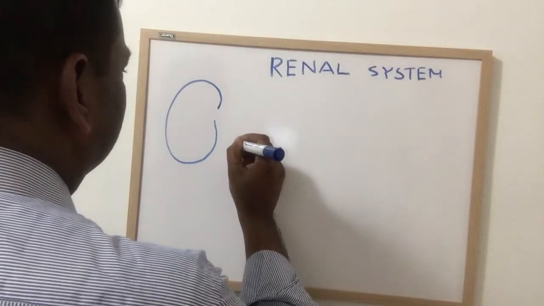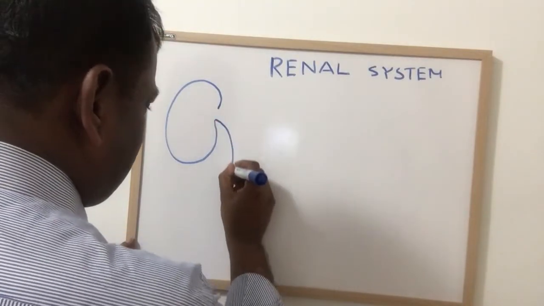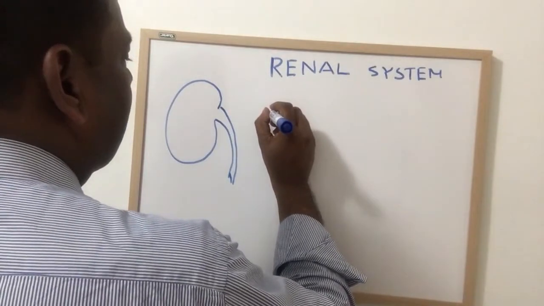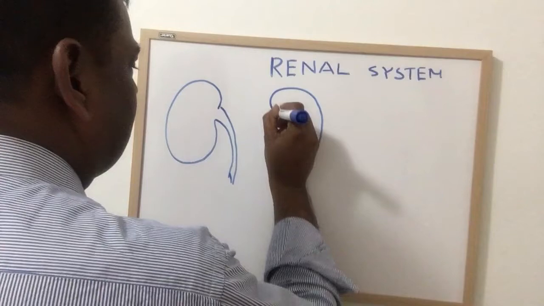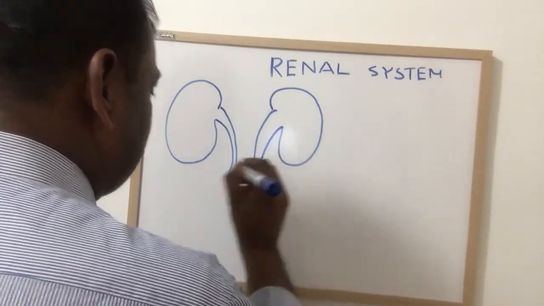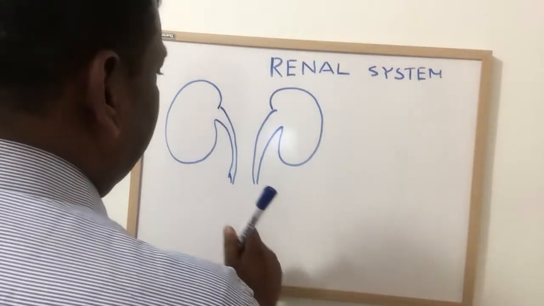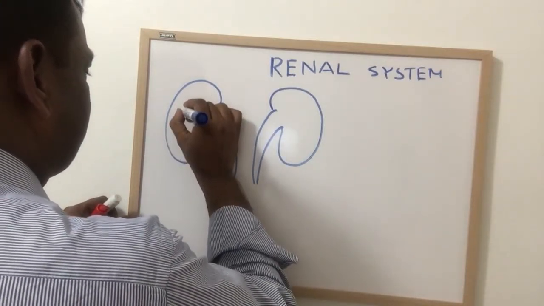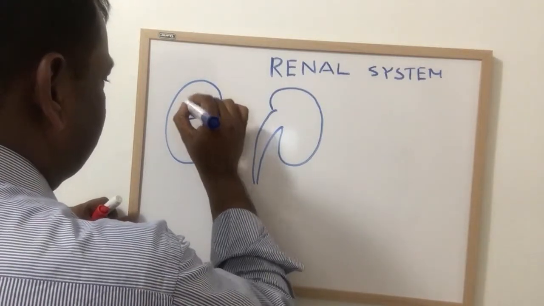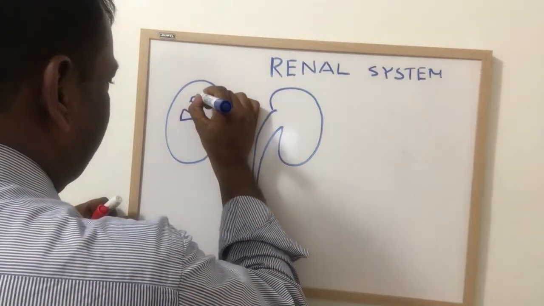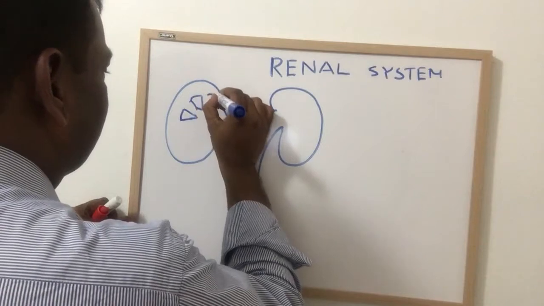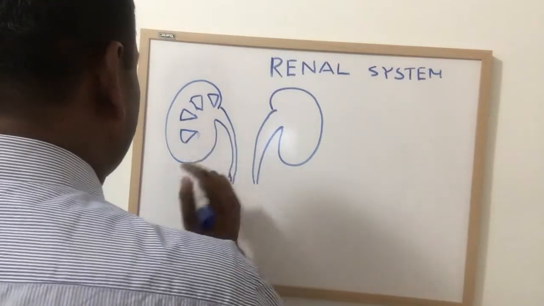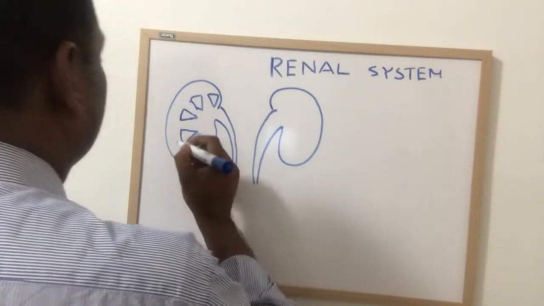This is a kidney. The kidney has three parts: cortex, medulla, and pelvis.